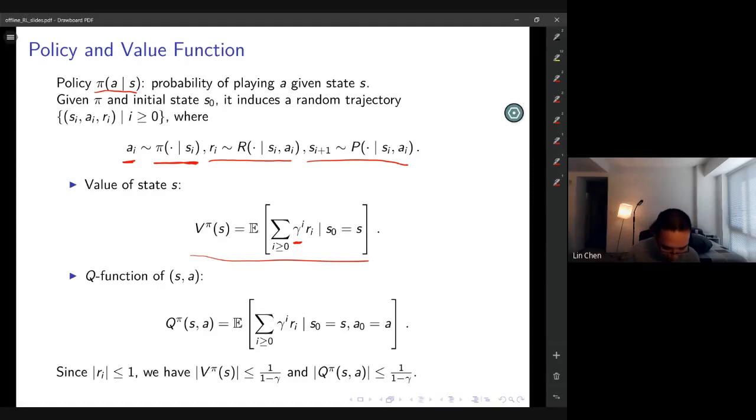And the value of a state action pair, we call the Q function, is given by also the discounted sum of all rewards, but given the initial state S and the initial action A. And since we assume that rewards are bounded by 1, the value of state is upper bounded by 1 over 1 minus gamma, and the Q value of state action pair is upper bounded by 1 over 1 minus gamma also.